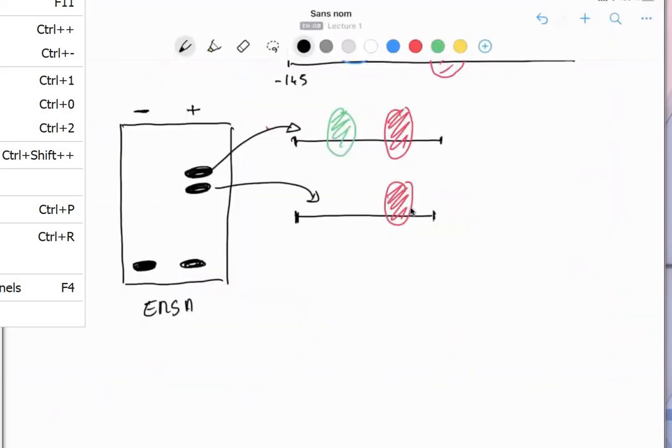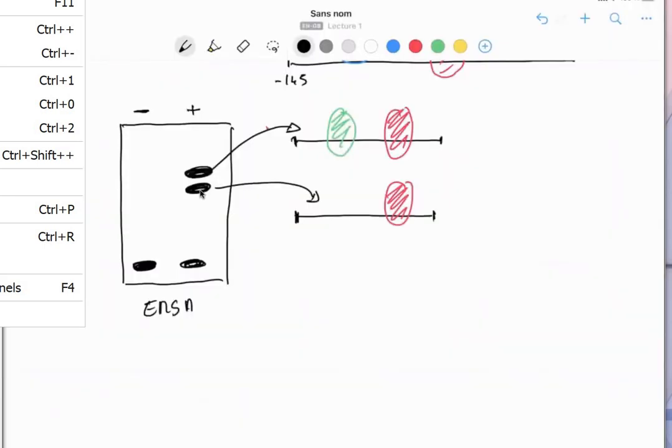We don't know if it's true, but the lower complex, the one at the bottom, has the smaller molecular weight, so it should be in interaction with only one partner. But the other complex, which has a higher molecular weight, can be the same complex as the bottom one plus a new partner. Do you understand that? Yes.